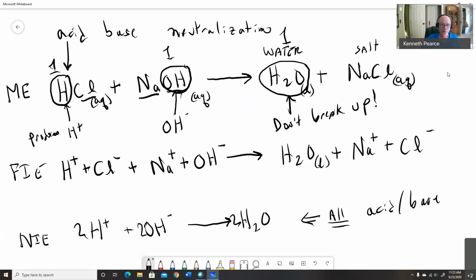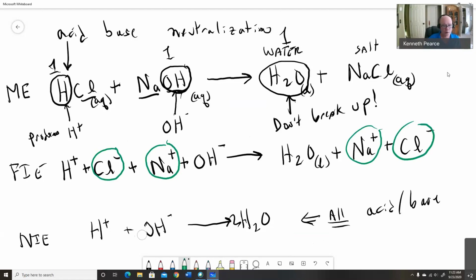And what are the spectators? Well, the spectators are everything other than the H plus and OH minus and water. So let's go ahead and circle in green the spectators. That would be these guys over here. So our net is going to be 1 OH minus and 1 H plus going to 1 water.